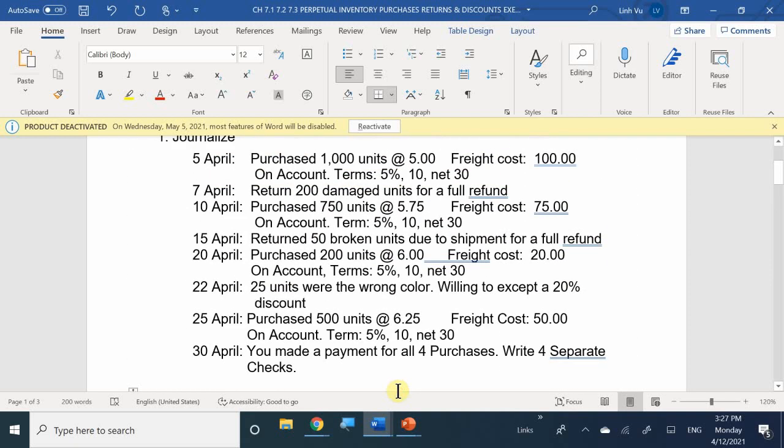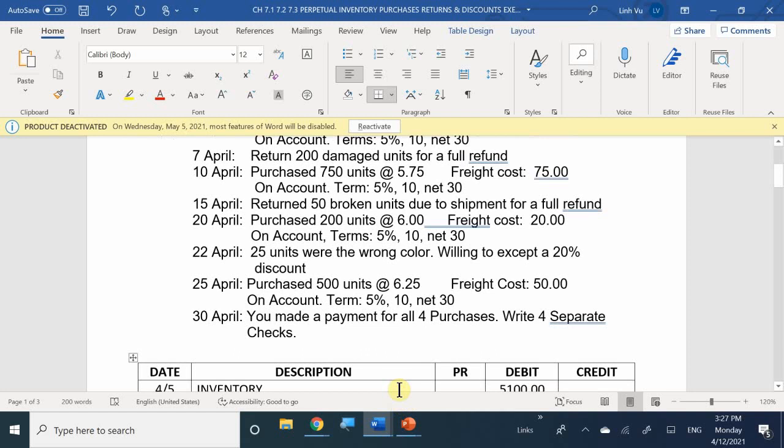All right. So then, what happened on April 20th? We bought 200. So it'll be inventory for 1,400. Accounts payable credit 1,400. Okay.